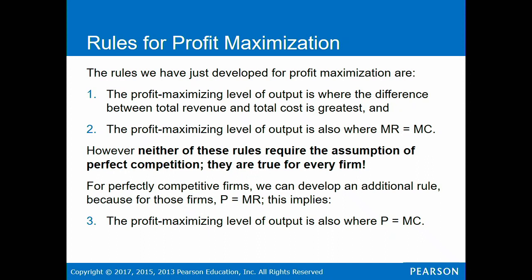And these are going to be true for every single firm. This is where each firm is going to be able to maximize profits. Now, these aren't going to hold for oligopoly. Well, we're not going to use these cost curves to understand oligopoly. But their profit maximizing level of output is going to follow these rules.